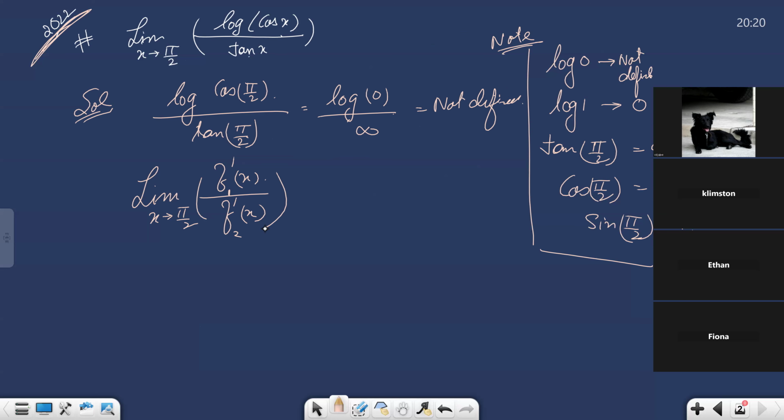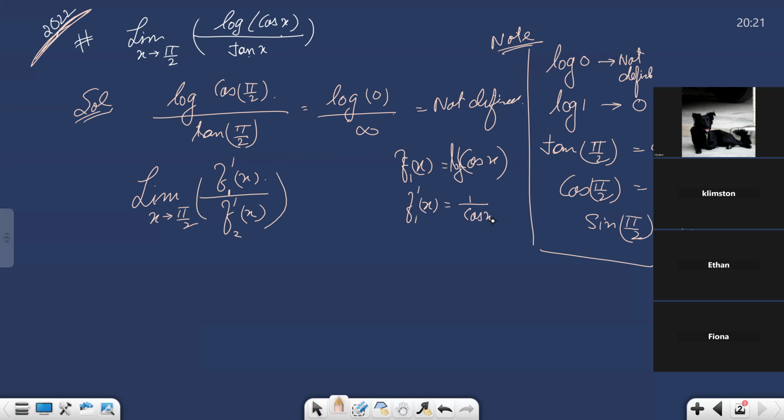Okay. So if I have got f1 of x equal to log cos x, what is the derivative of this? Log x is 1 by x, so log cos x gives 1 by cos x.